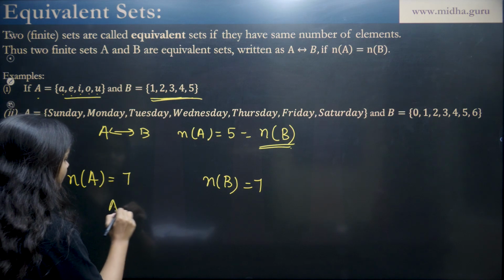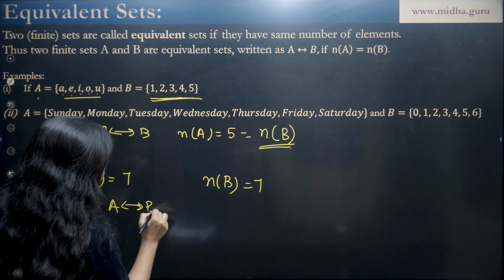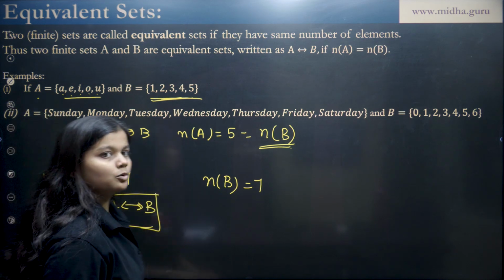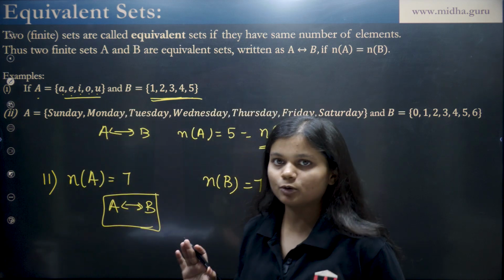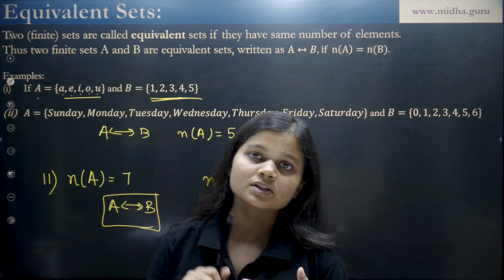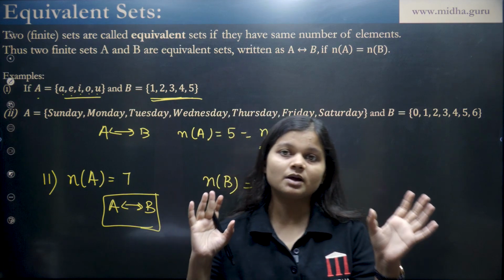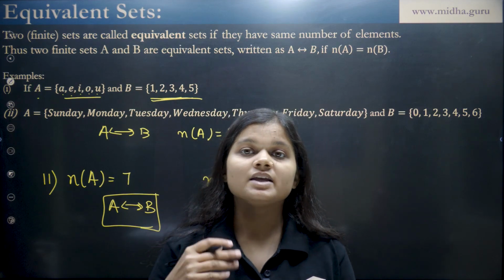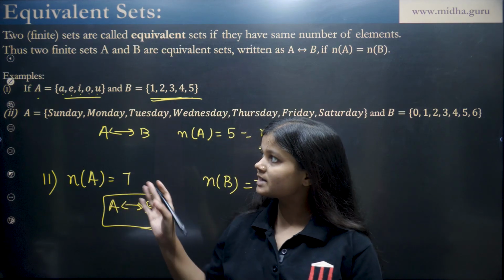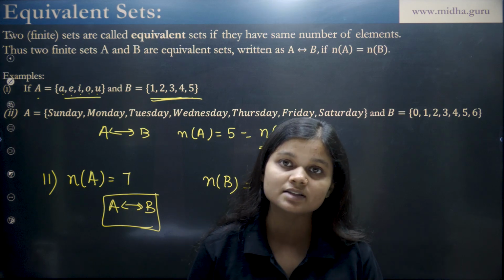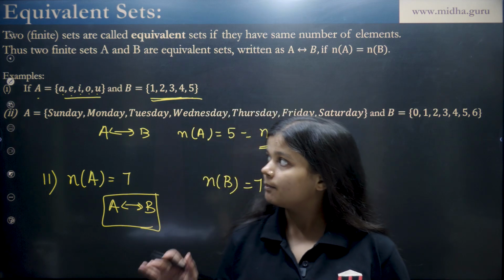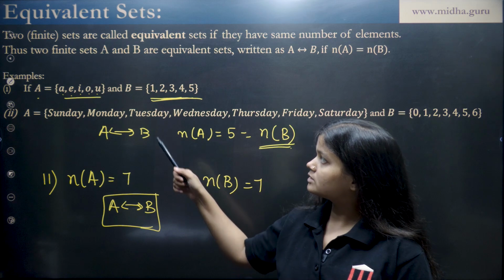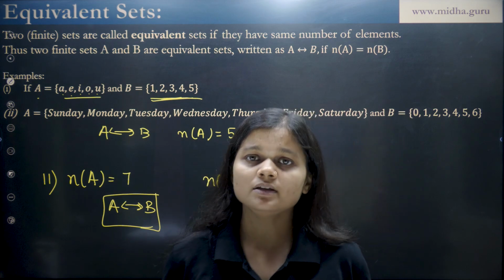So A is equivalent to B. I hope it is clear to you what is an equal set and what is an equivalent set. Equal sets are those sets which have the same number of elements and the same elements also. But in equivalent sets, only the number of elements should be the same.